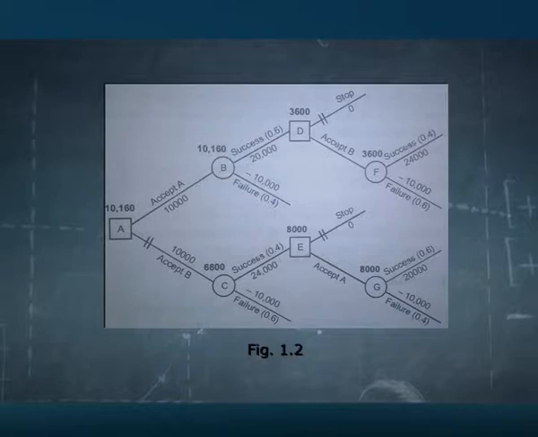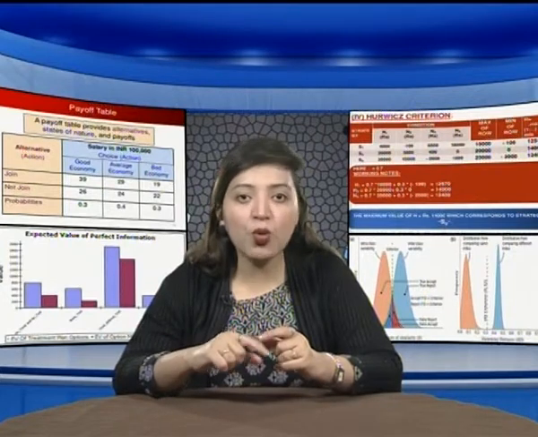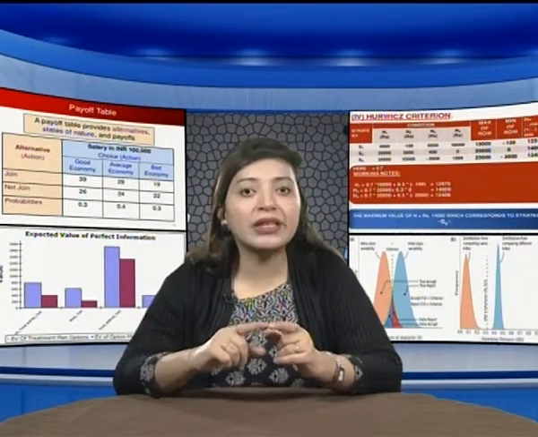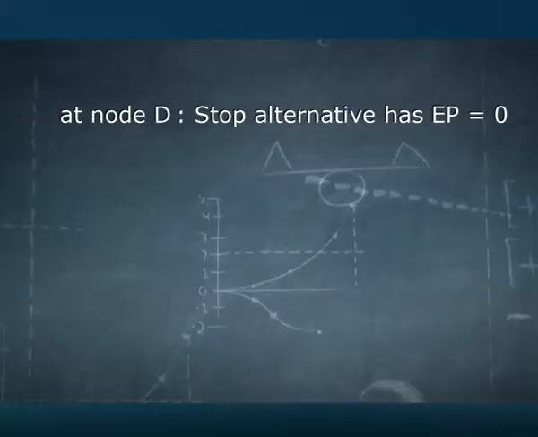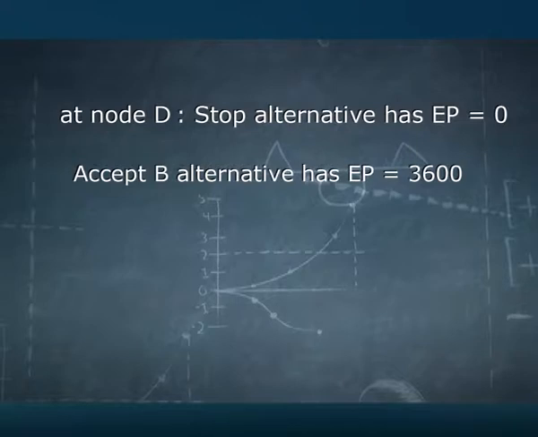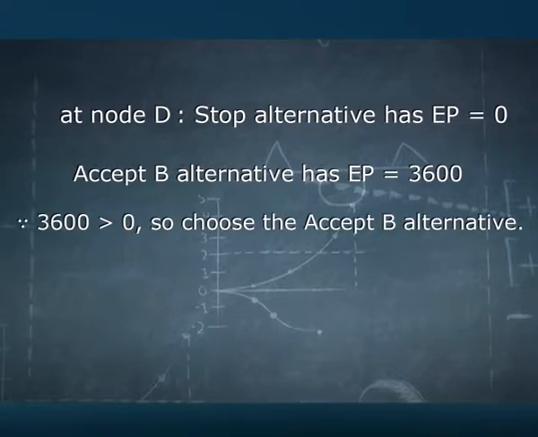Next, we move one column to the left, which consists of decision nodes D and E. For each decision node, we compare the expected payoff of its branches and choose the alternative whose branch has the highest expected payoff. Thus, at node D, the top alternative, stop, has EP equal to 0, except the accept B alternative has EP equal to 3,600. That implies 3,600 is greater than 0, so choose the accept B alternative.